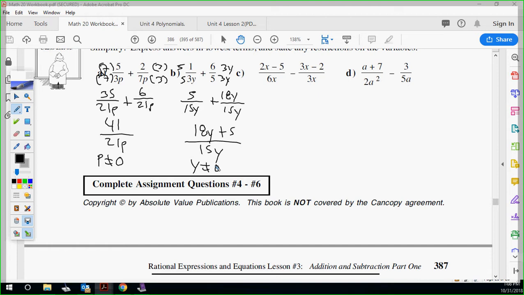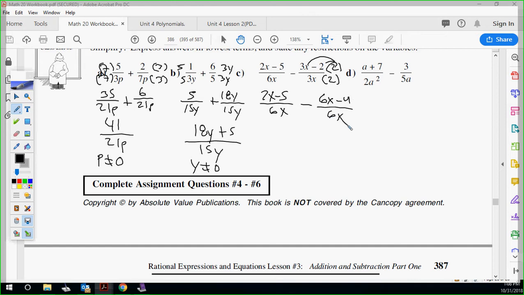Okay, C, 6x, 3x. Nice thing there is 3x, I can make a 6x pretty quickly. Just timesing it by 2. If I just times this by 2, times this by 2, we got 2x minus 5 over 6x minus, distribute that, gives me 6x minus 4.